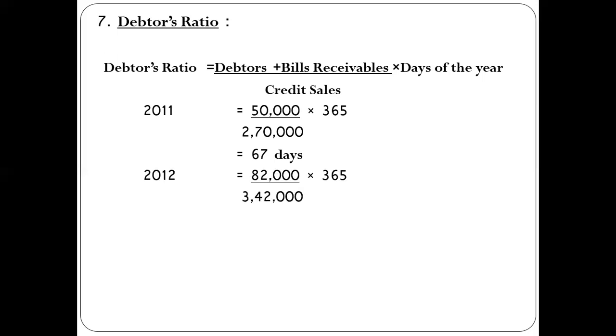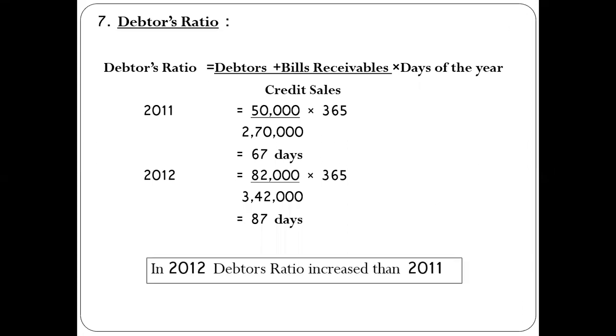For 2012, it is 82,000 divided by 3,42,000 into 365. So the days will be 87. So here the debtors ratio is increased because the number of days of collection is increased. So we have to mention that in 2012 debtors ratio increased than 2011.